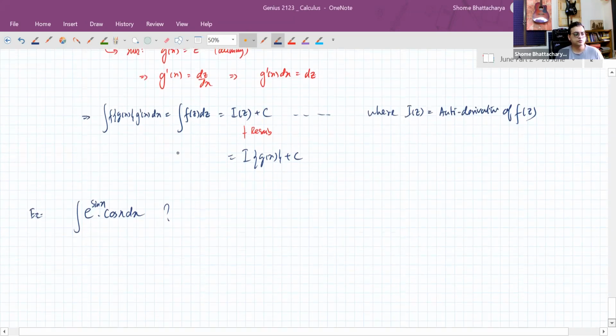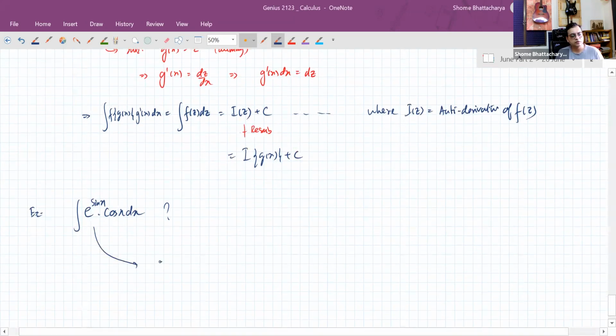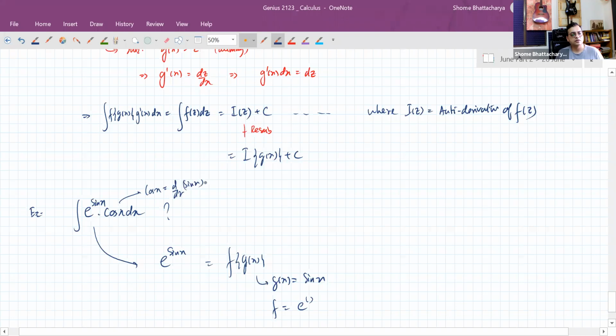Okay, so what we can observe over here is that this function e raised power sine x is like an f of g(x), where g(x) is sine x, and f is the exponential function. Whereas this function cos x is the derivative of sine x, so it is basically g prime.